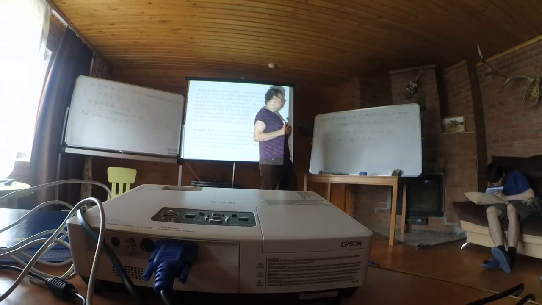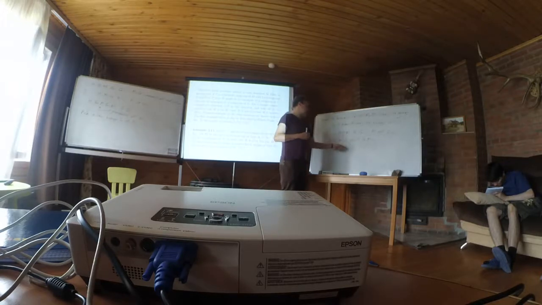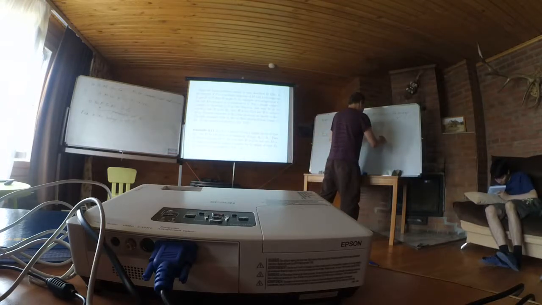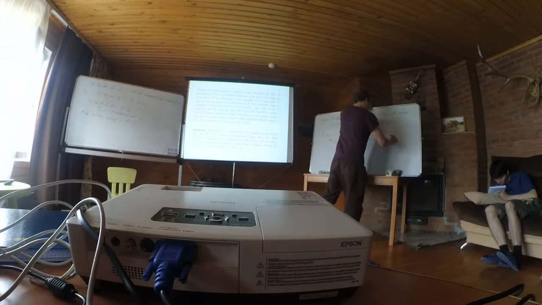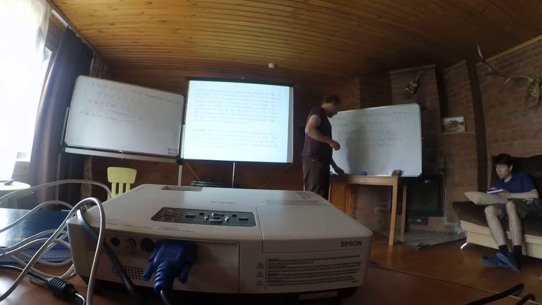So M is trivially M-irreducible, therefore it's M-completely reducible, but M equals H. So H is M-completely reducible, but it's not G-completely reducible. Okay, so that's a very obvious and easy example.